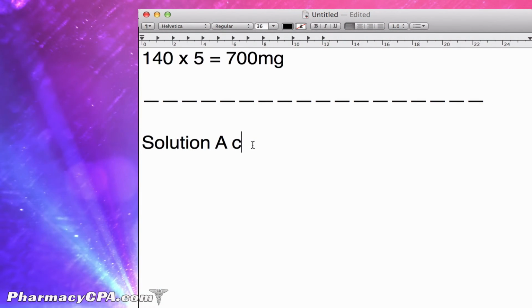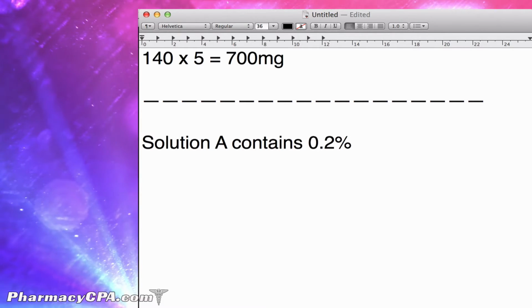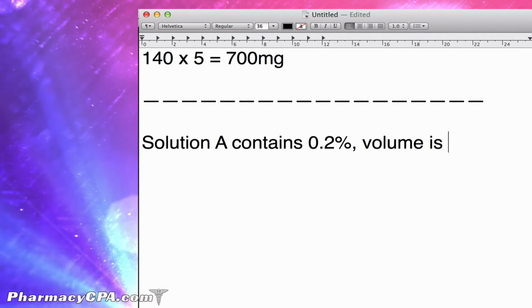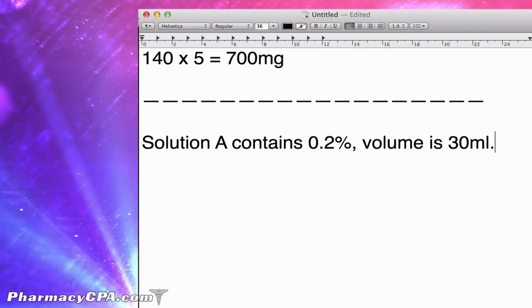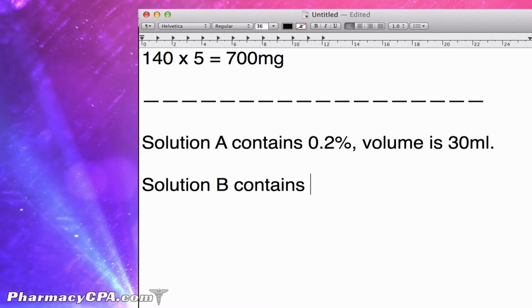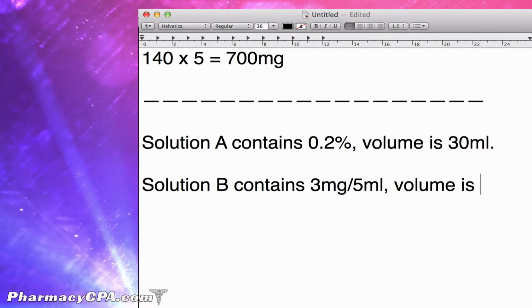Solution A contains a 0.2% concentration, and the volume is 30 mL. Solution B contains 3 milligrams per 5 mL, and the volume is 150 mL.